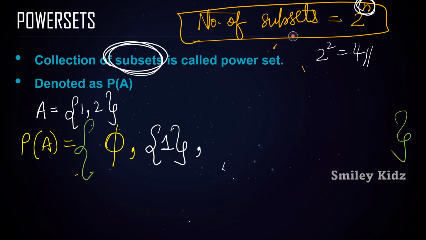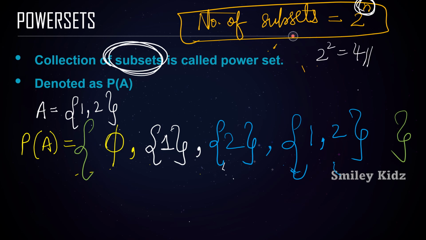Then the second element, that is 2. And the last one will definitely be the set itself, 1, 2.